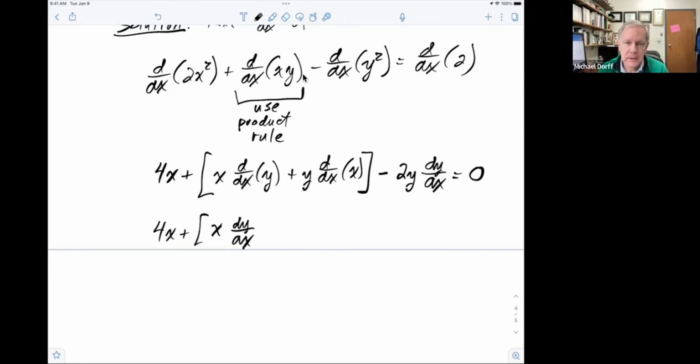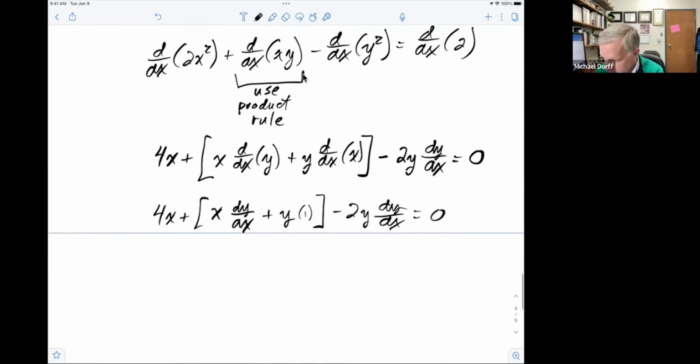And then because my term has a y in it, I have to have the dy/dx. Then I have plus y, and now I do the derivative of x. What's the derivative of x? Well, it's 1. And then because it's an x, I'm going to have a dx, and I don't write that down. So I just have a y. You could think, if you wanted to, that it's y times 1, and you've got that.